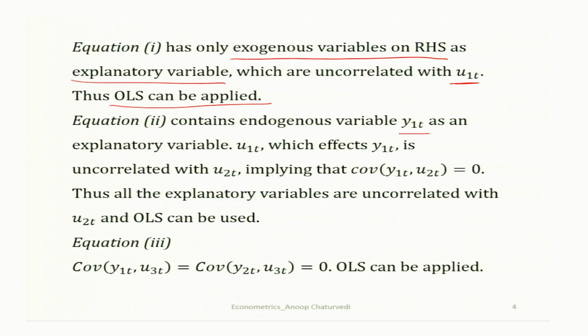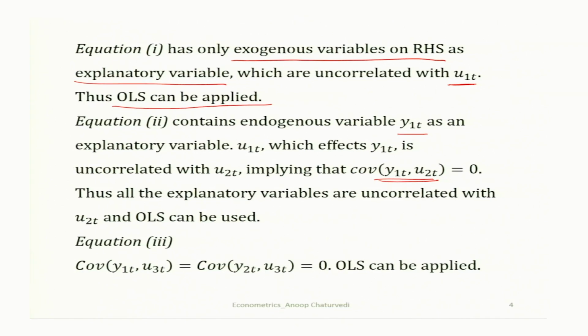So, notice that the stochastic or random part of y 1 t is u 1 t and u 1 t is uncorrelated with u 2 t, and this implies that the covariance between y 1 t and u 2 t is equal to 0.